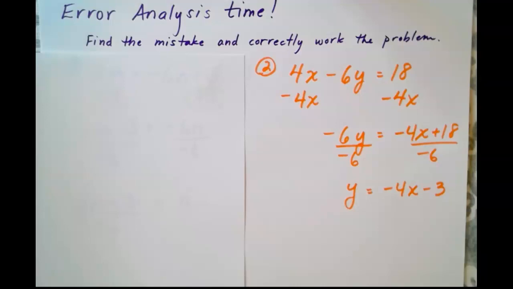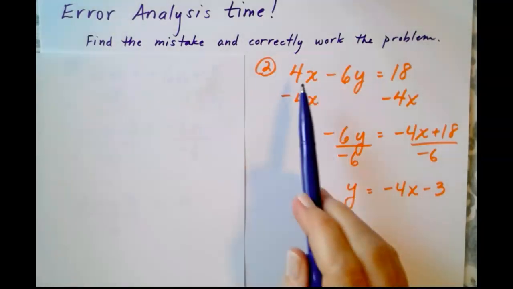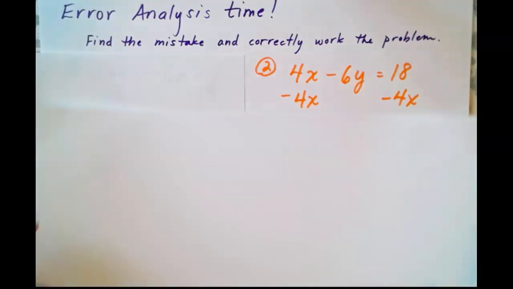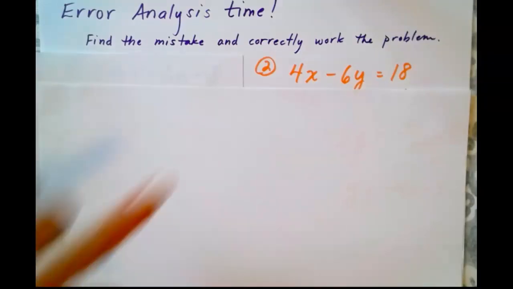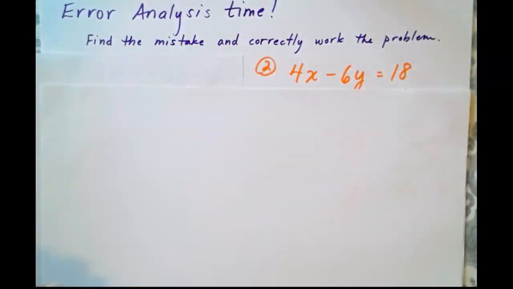So we're trying to solve for y, just like we did on the looking ahead problem. So we have 4x minus 6y equals 18. So if we want to solve for y, then we need to go in reverse order of operations, which means we first need to get rid of the 4x.